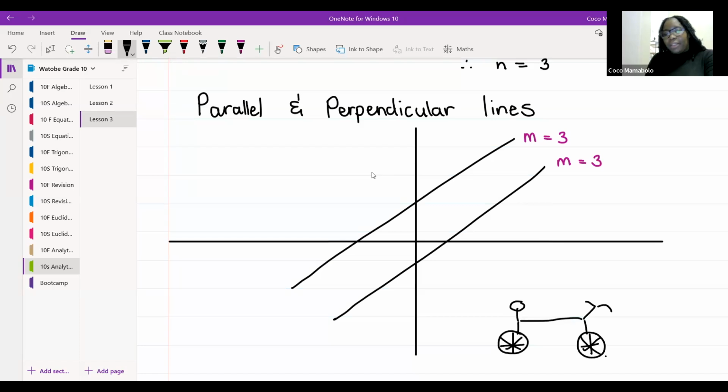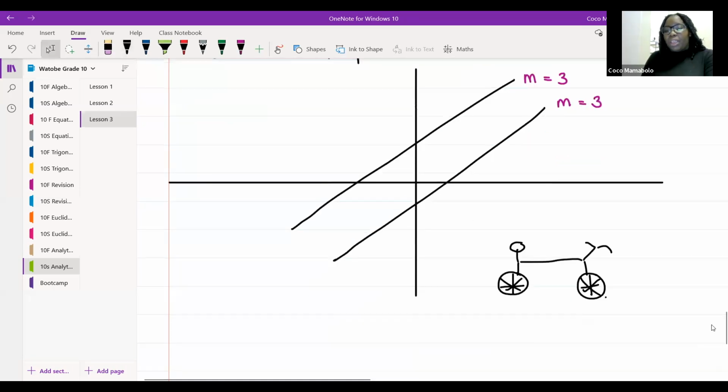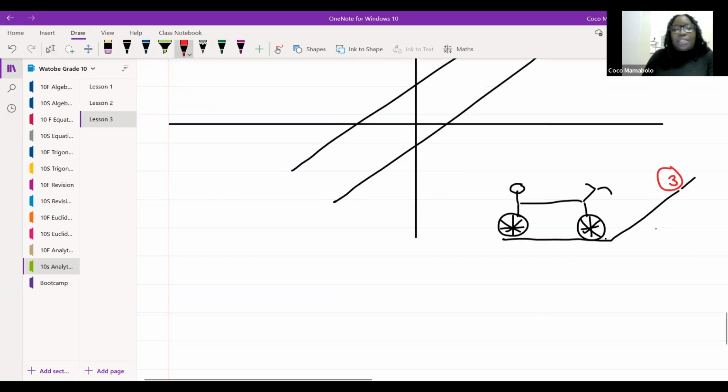Guys, it does not look like a dog. I mean, come on.